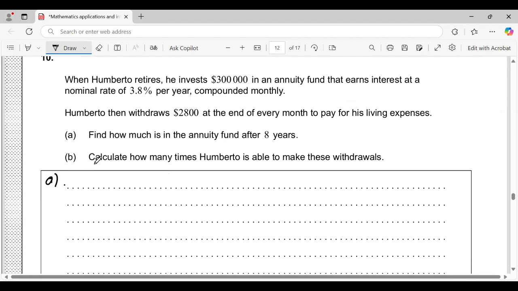To answer this question, how much is in the annuity, we are going to use the formula FV equals PV times 1 plus i power n, minus PMT times 1 plus i power n plus 1, divided by i.